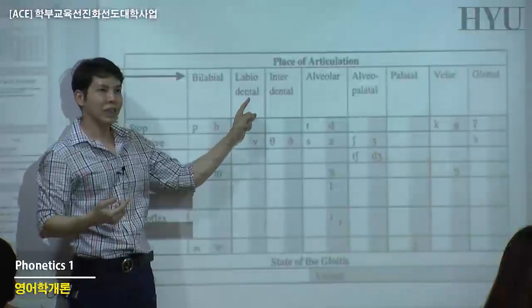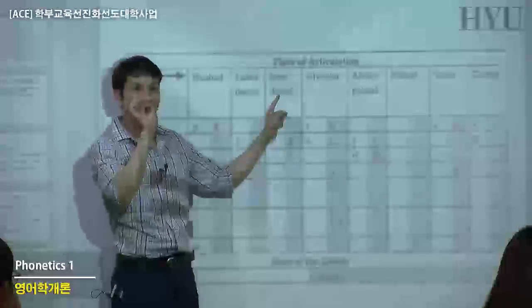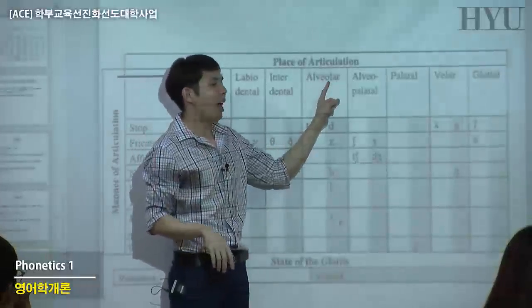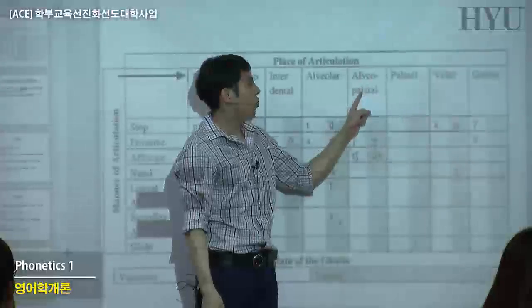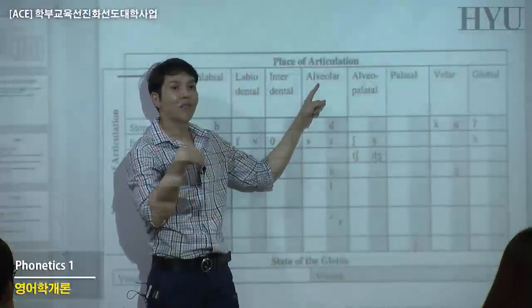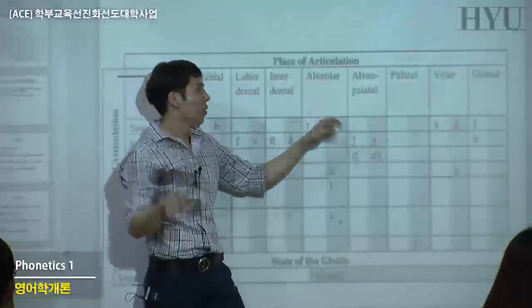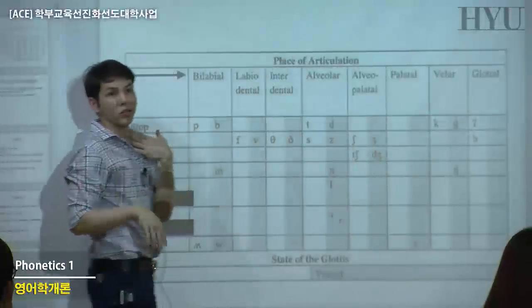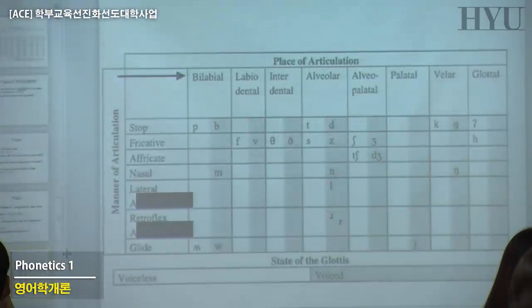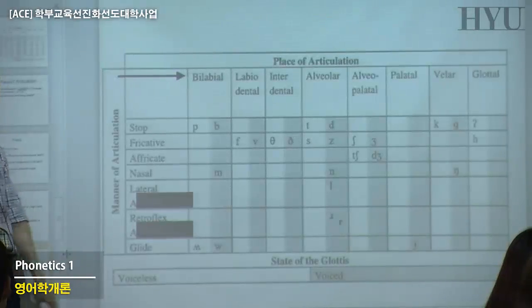Labiodental, lips and teeth. Interdental, between the teeth. Alveolar, after the front teeth, right? Alveopalatal, after the alveolar in the palatal area. Palatal, velar, and glottal, which is the innermost, which is like in the voice box, right?